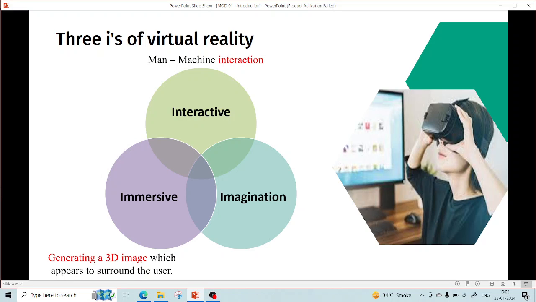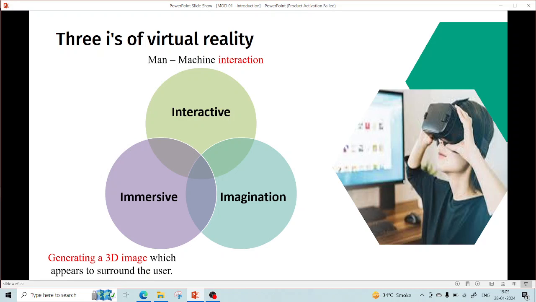So finding exciting ways to create 3D images and sound which appear to surround the user is what is important when we talk about immersive. So taking people to a new world, increasing comfort and simplicity by which you can create a good experience for the user for the specific application, that is the major objective of the immersive environment.